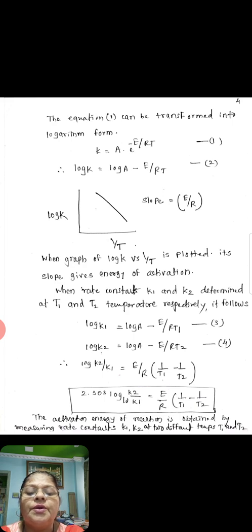So log k2 upon k1 is equal to Ea by R into (1 upon T1 minus 1 upon T2). Rearranging this equation, 2.303 log base 10 k2 upon k1 equals Ea upon R into (1 upon T1 minus 1 upon T2). From this equation, the energy of activation of the reaction is obtained by measuring the rate constants k1 and k2 at two different temperatures T1 and T2.